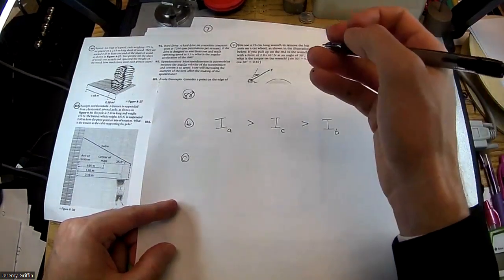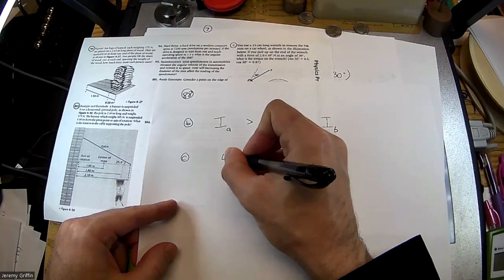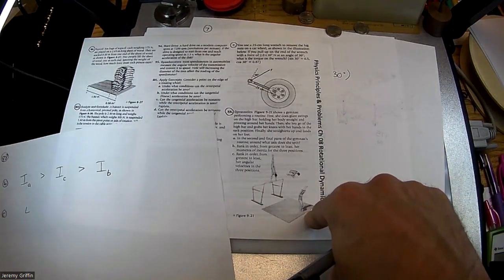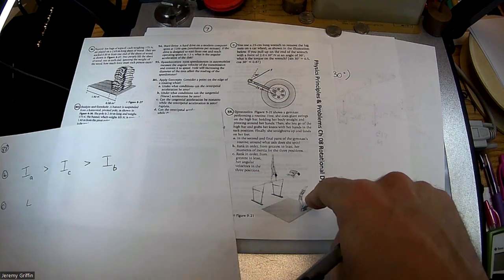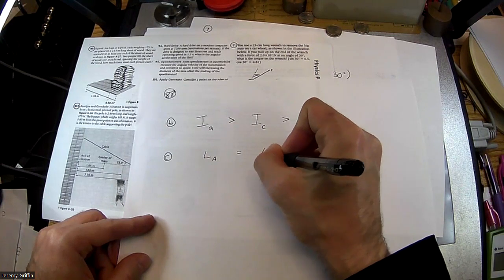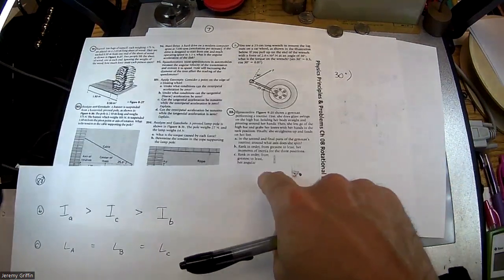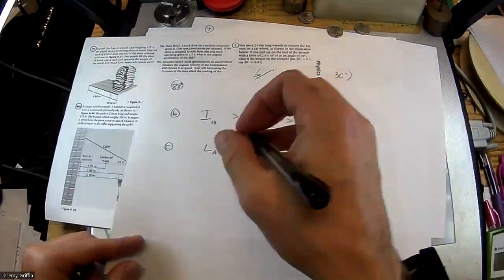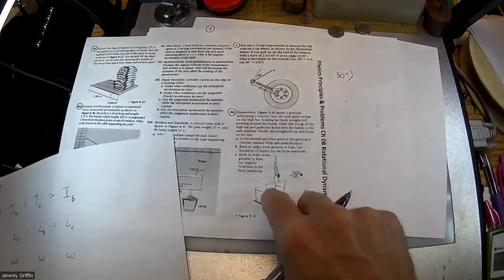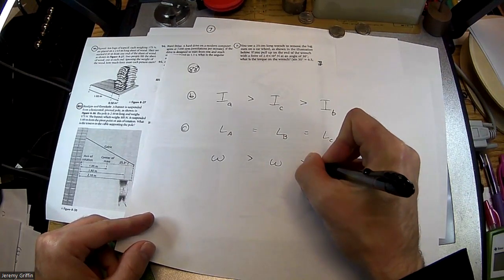Well, if angular momentum L is conserved, let's interpret it like she's 1 millimeter above the ground in picture C. If that's true, then the angular momentum would be the same in all of them. And then for angular velocity, omega, omega, omega, they said greatest to least, so we'll do the same type of inequalities.